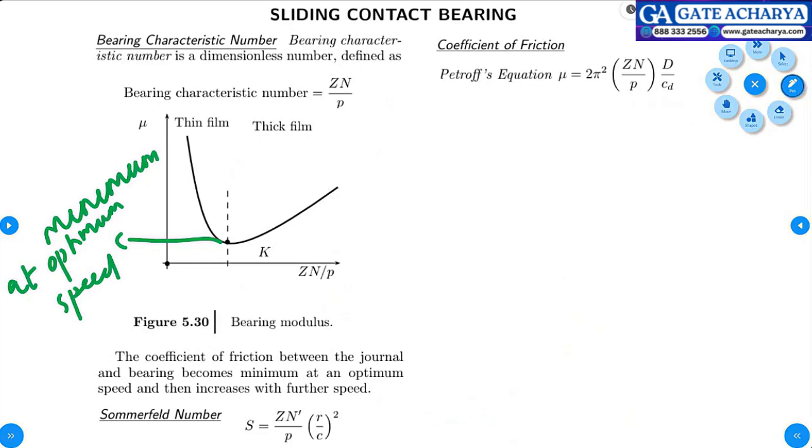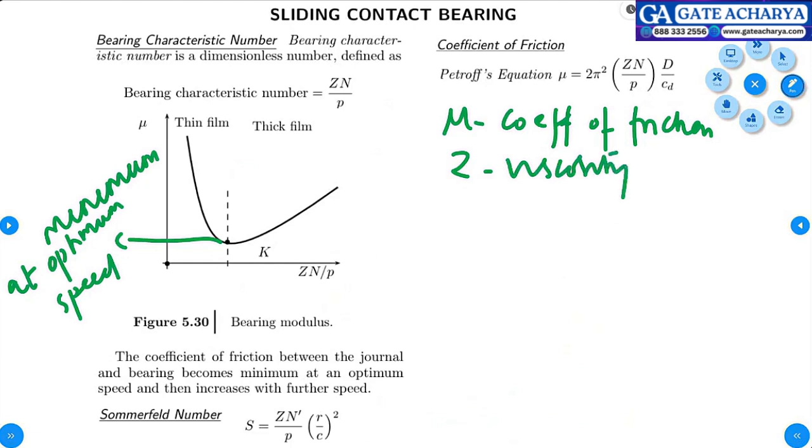Then it increases further. P is pressure, N is speed, Z is the viscosity, and mu is the coefficient of friction.